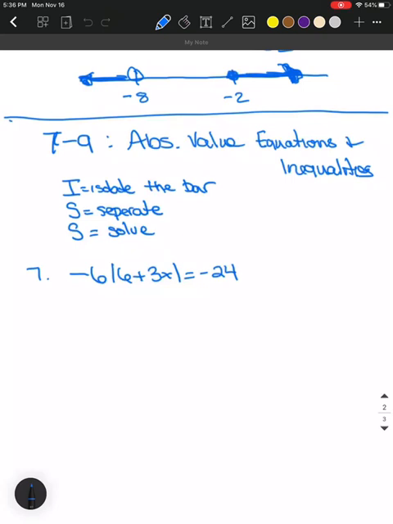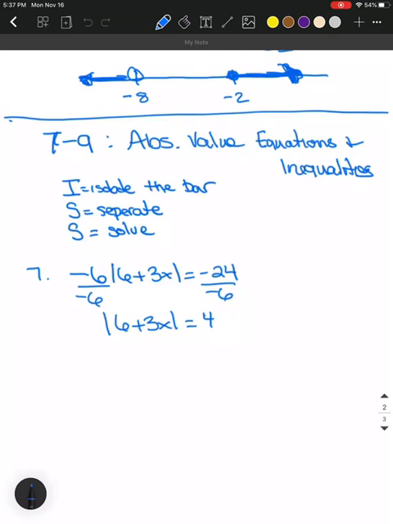Now, I cannot distribute this -6. Think about those bars as electric fences. So we want to move everything away from those bars. So in order to undo multiplying by -6, we're going to divide both sides by -6. And so we have the absolute value of 6 plus 3x is equal to 4. It's isolated. The bar is by itself.